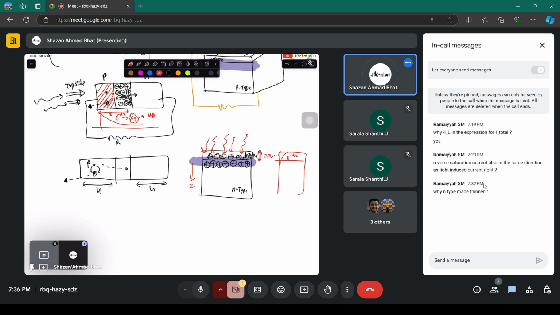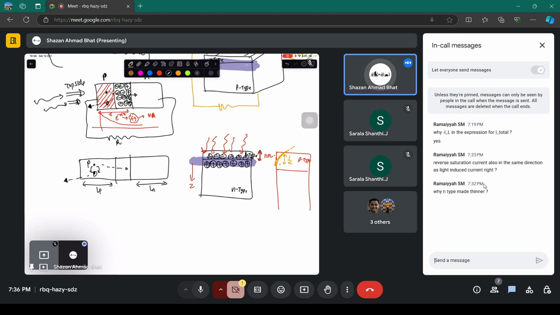If the p region is made thick, light will come, enter, but exponentially decay up to this point only. This will be the absorption depth, 1 by alpha.